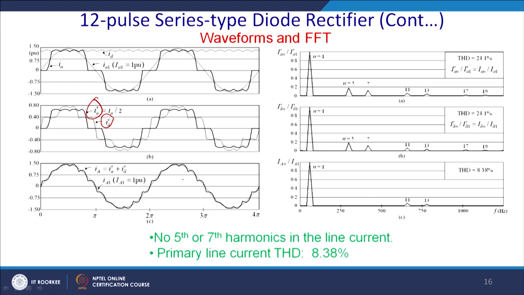And you can find that VAN by A1, that is the fundamental, the fifth, the seventh, and overall THD has drastically reduced to 24% from the 35% in case of the RC feeding circuit. We have taken the same kind of load, but we are having a 12 pulse converter.